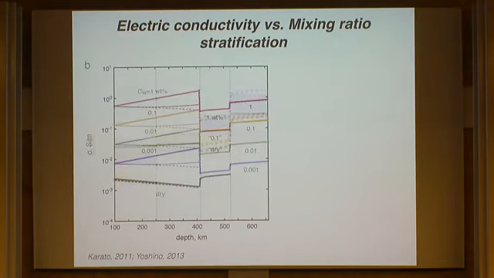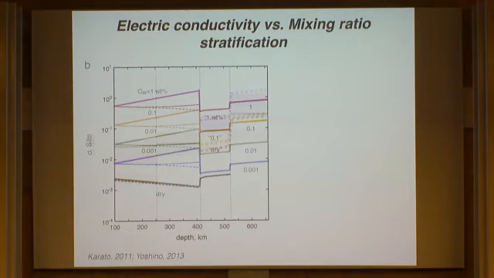Here it shows the predictions by Karato and Yoshino, of course different models that give different estimates of the electrical conductivity. Depending on which model you choose, the estimate of the water content is a little bit different, but typically maybe around 0.1 to 1%.